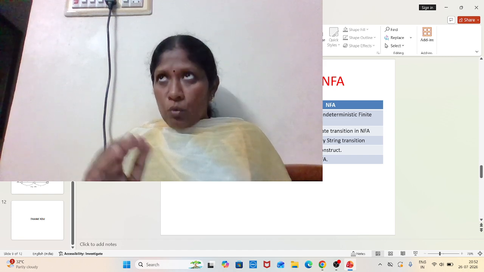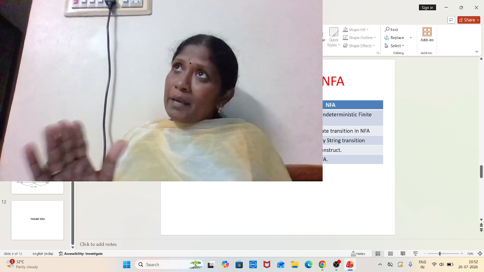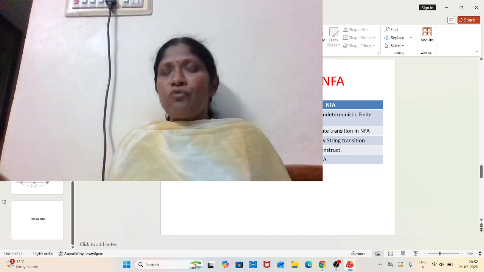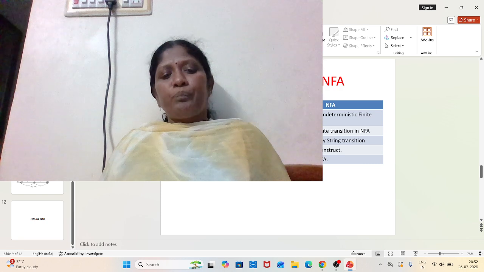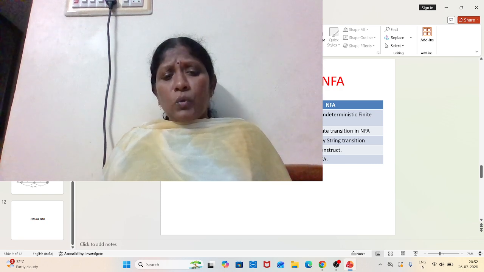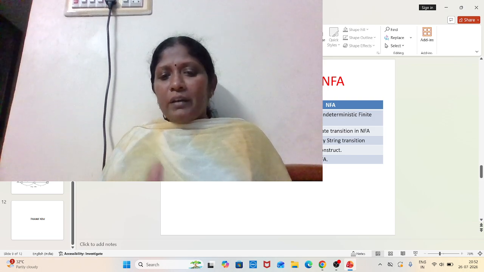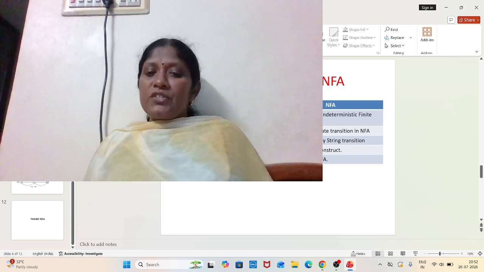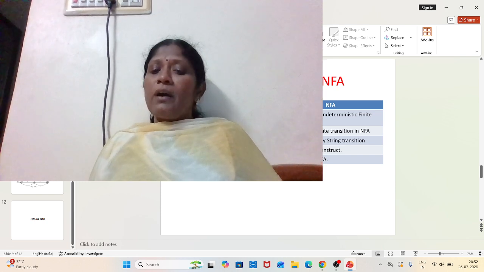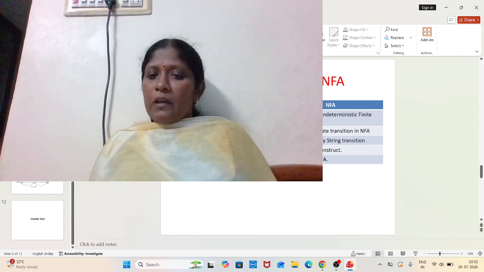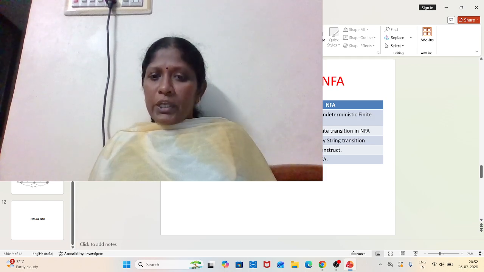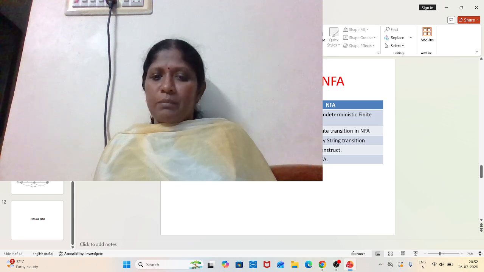The remaining times it moves to only one state for each input symbol. So we can say all DFA are NFA, but not all NFA are DFA, because a DFA always moves to only one state for each input symbol.